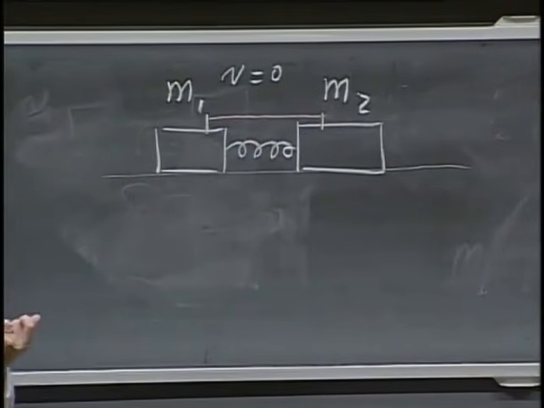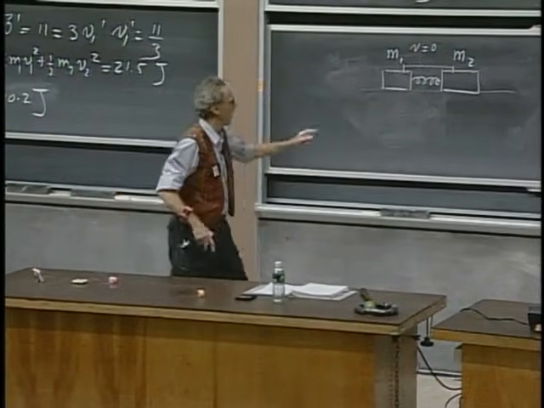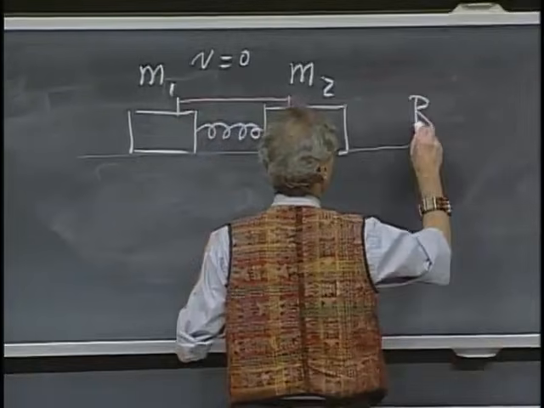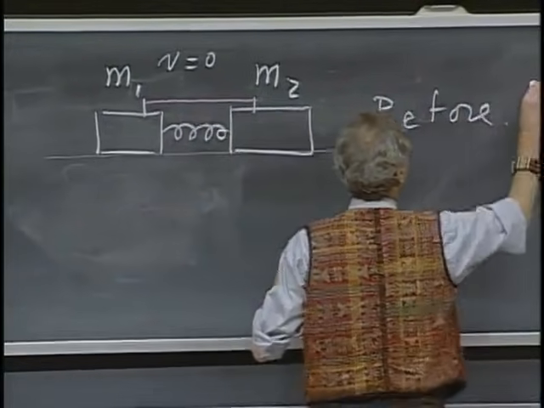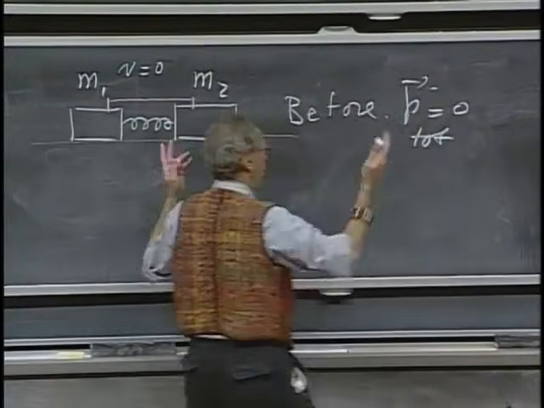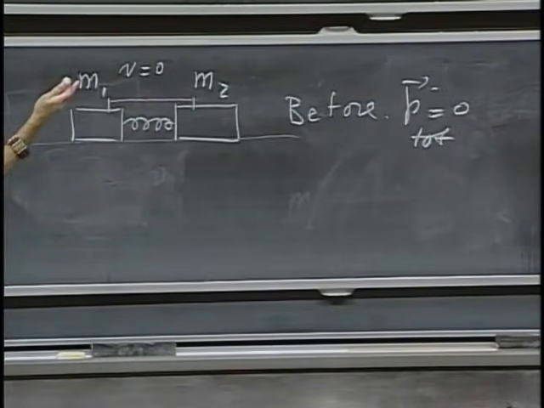So there is potential energy in that spring. I take a burner, and I burn away this thread. This is the situation before. Momentum before is 0. Total momentum afterwards will also be 0. It's identical to what I did there.